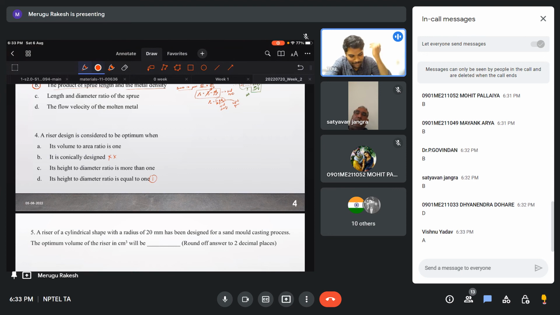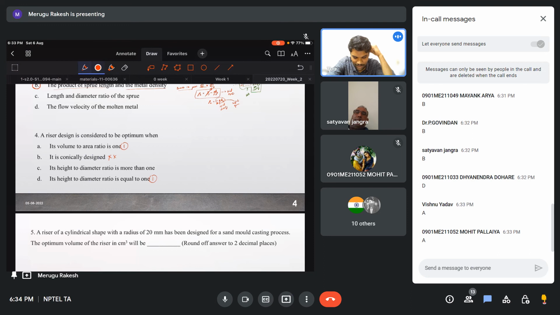Option A, there is one vote for option A, its volume to area ratio is 1. Sorry, there are 2 votes. Any other? So only one option is left, option C.